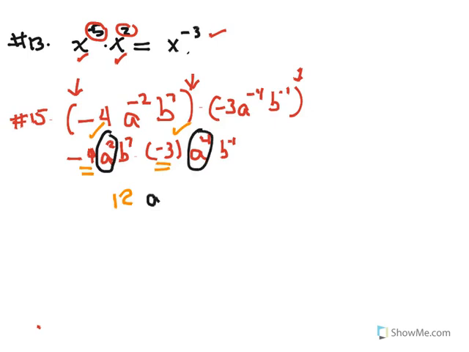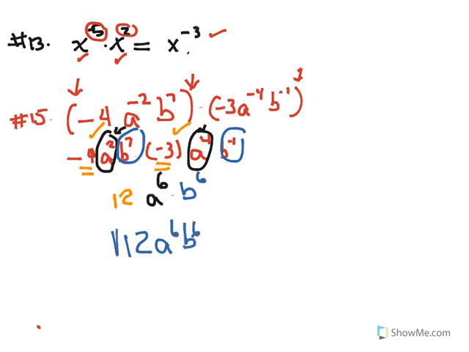So you're going to copy the base and add the exponents. 2 plus 4 is 6. And then I have b, that's b to the 7 and b to the negative 1. That's b to the 7 plus negative 1, b to the 6. So now I have my answer: 12, a to the 6, b to the 6. That is problem number 15.